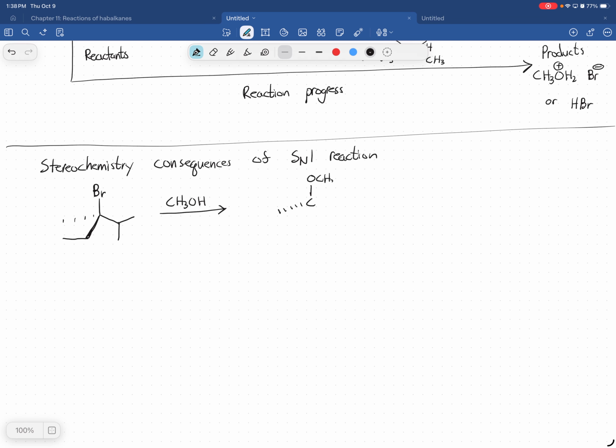OCH3. And you get the other one. The second one I drew, I just switched the OCH3 group and the isopropyl group. So that's where we get the other enantiomer.